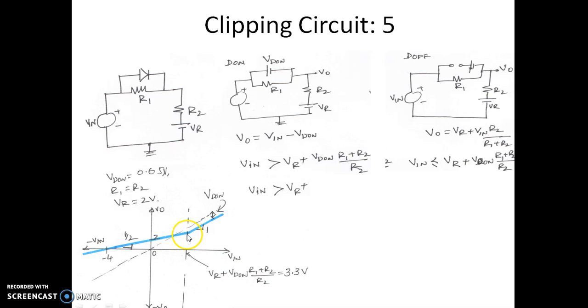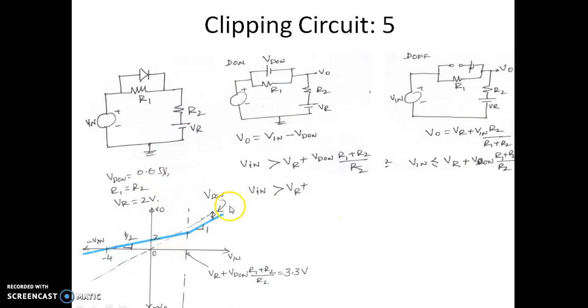Now the output voltage keeps reducing; the slope of the output voltage is half. The output voltage at any point of time will exactly represent this expression, Vr plus Vin into R2 by (R1 plus R2), which is exactly Vr plus half of the input voltage under these conditions.